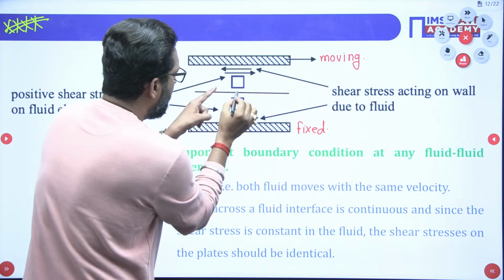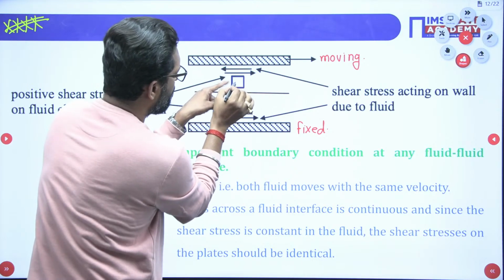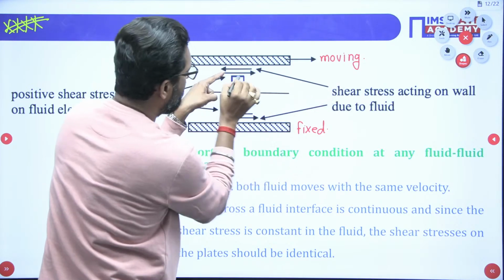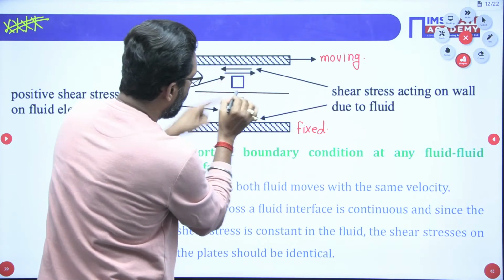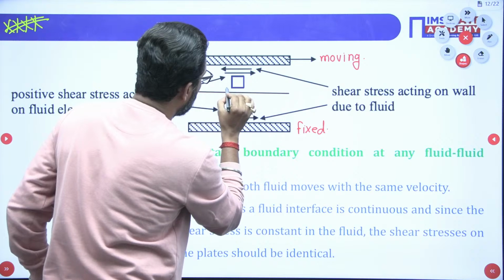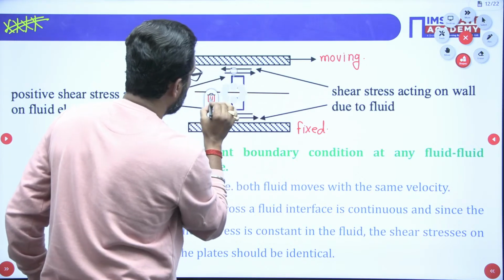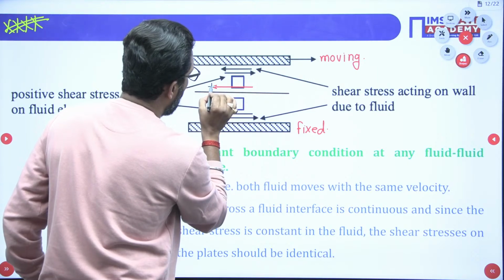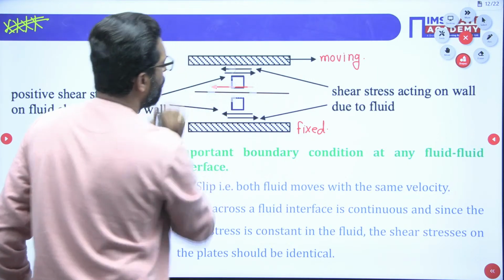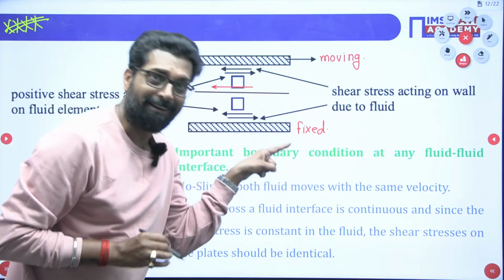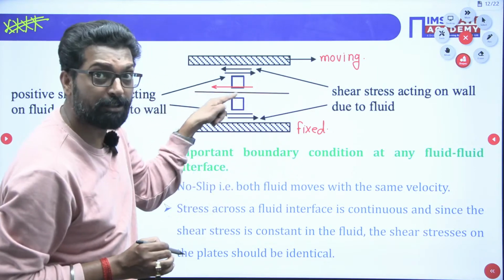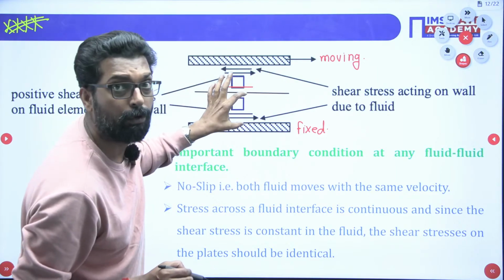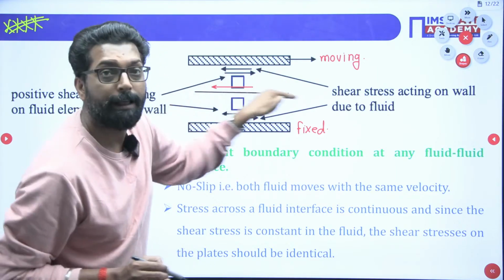This is our fluid element, and this is the shear stress on the right side. On the bottom, it is on the left side. So this shear stress is on the fluid element. On any layer of this fluid, let's suppose this is fluid 1 and this is fluid 2, and there is a separation of this layer.